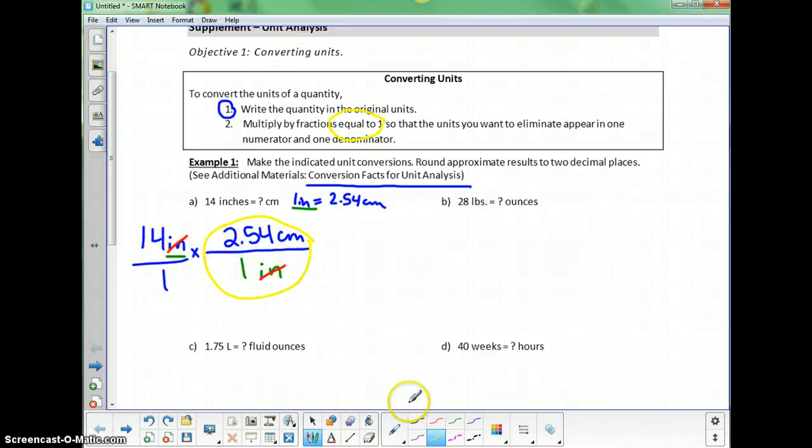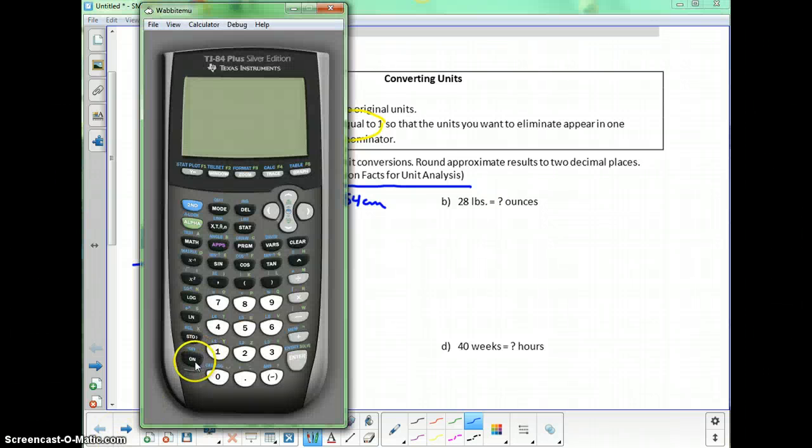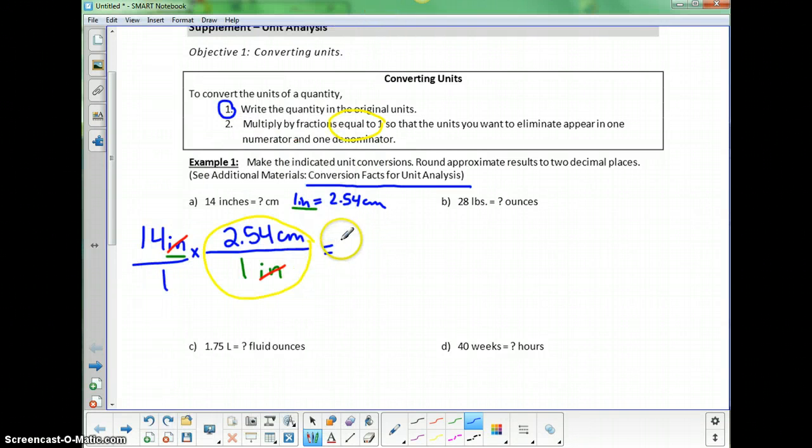The inches cancel, and I'll finish the multiplication to figure out how many centimeters I have. So I need to take 14 times 2.54, which is 35.56 centimeters. That is my final answer.